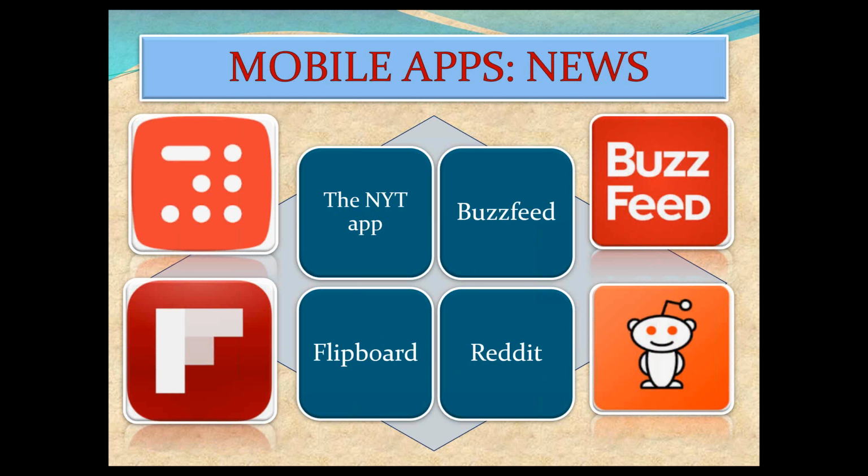Then we have the news, and having a news app has become a necessity for media and publishing companies to stay relevant in the digital age of journalism. So the most important feature of a news app is the sharing functions. And these apps spread virally by providing fresh, relevant content to a mass audience. Examples of news apps are New York Times, BuzzFeed, and Flipboard.